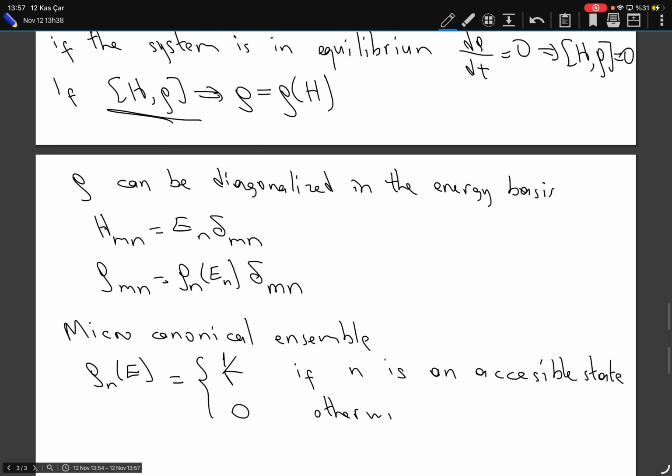What do you mean by accessible states? Well, we have conservation laws. So rho_n of E would be, for example, 1 over gamma for the states that have energy equal to E, and it will be 0 for other states if E_n is not equal to E.